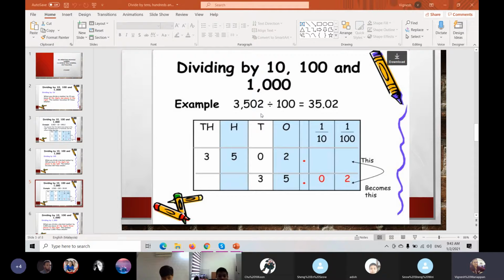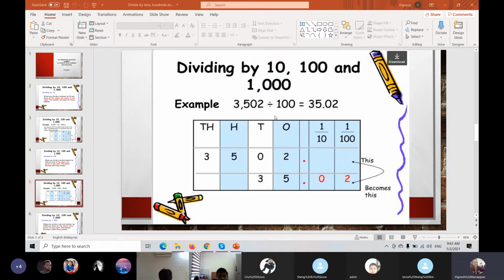Very important thing is when it comes to the 100, you have to move 2 decimal places. When you multiply with 100, you have to move 2 decimal places to your right. But when it comes to divide by 100, do you move 2 decimal places to your right or left?